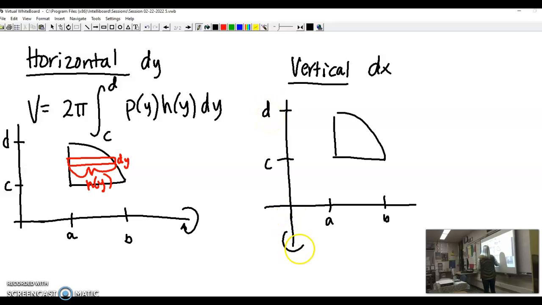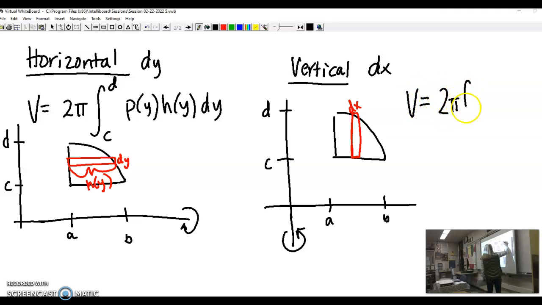We're revolving around this axis, so our shells are now vertical. Volume would equal 2 pi, and we're going to integrate from a to b.